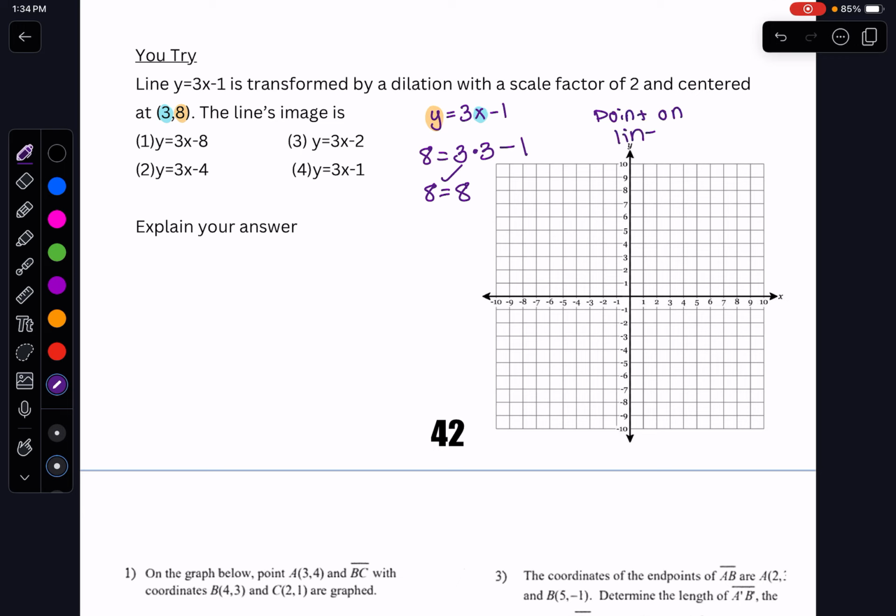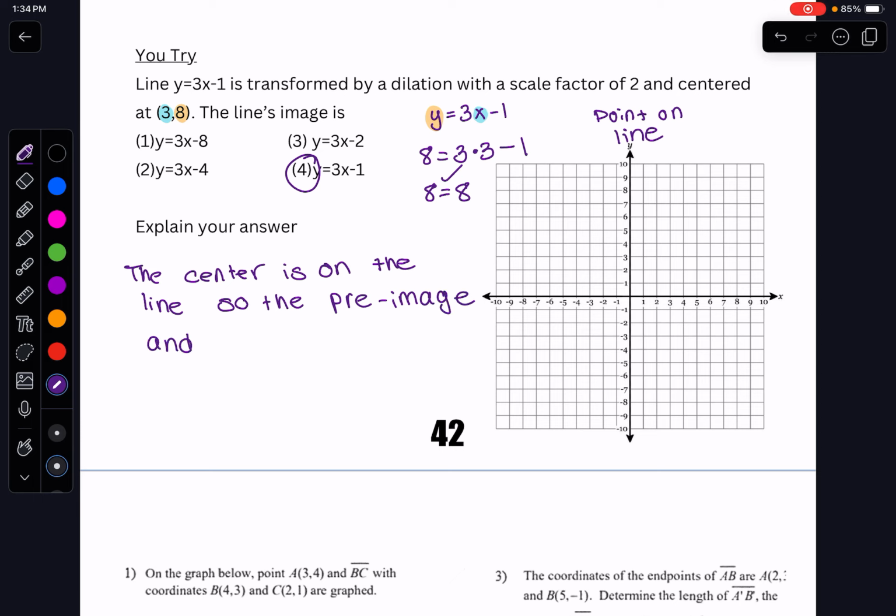You could have also graphed it if you wanted to check. So because it is a point on the line, the equation does not change. The center is on the line, so the pre-image and image are the same.